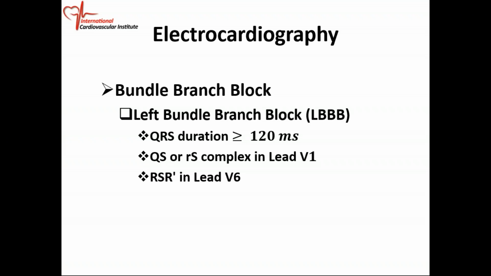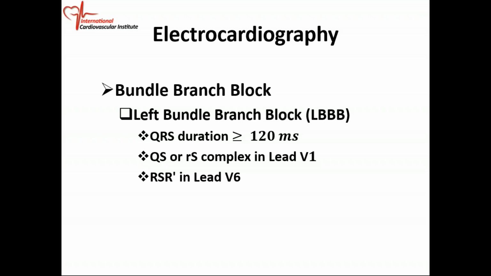So when we did the conduction system, at the AV junction, we have the AV node. The AV node goes on to the bundle of His, and the bundle of His divides into a left bundle branch and a right bundle branch.